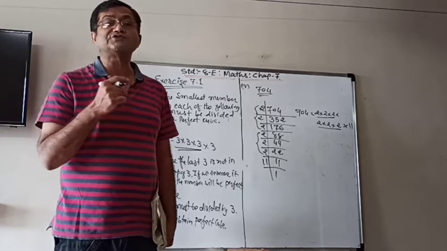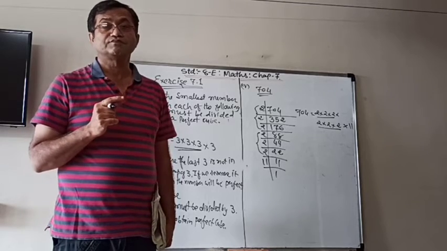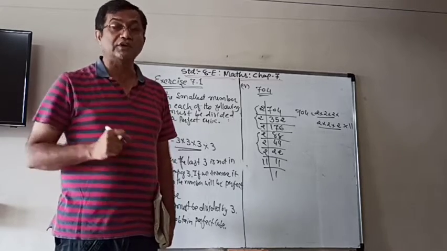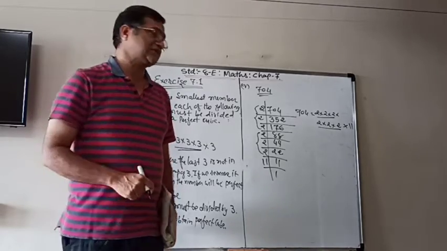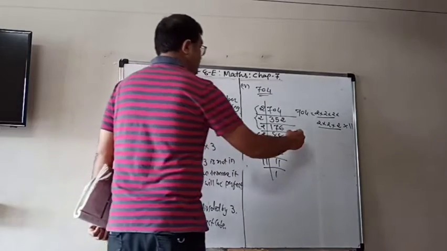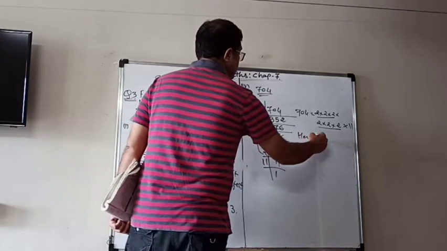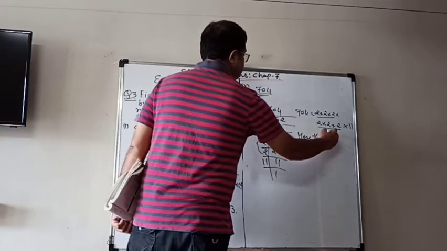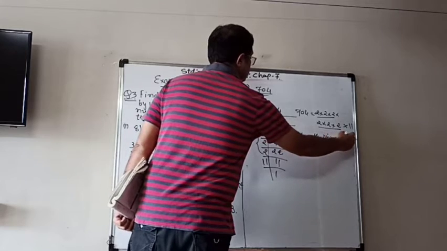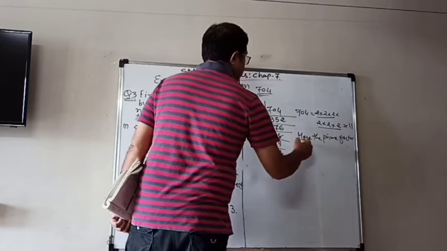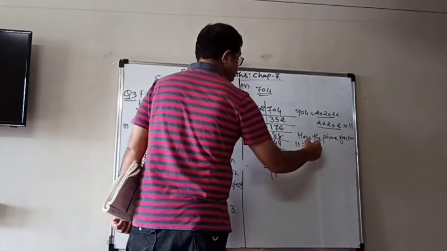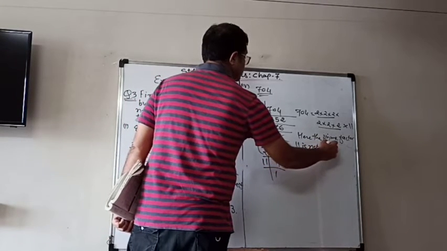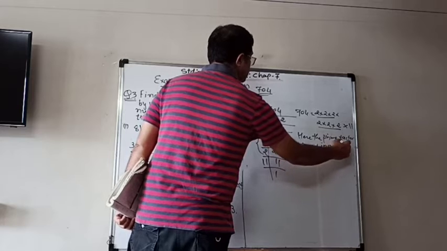That 11 comes only one time, and therefore we have to remove it so that the number will be a perfect cube. So here the prime factor 11 is not in a group of 3.